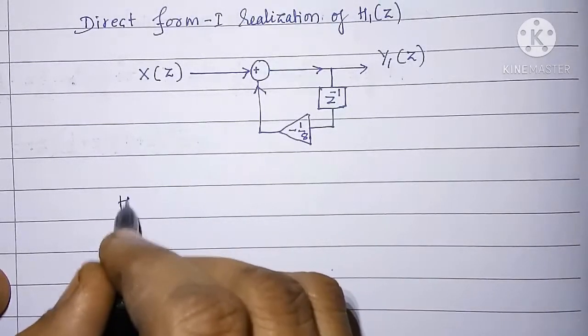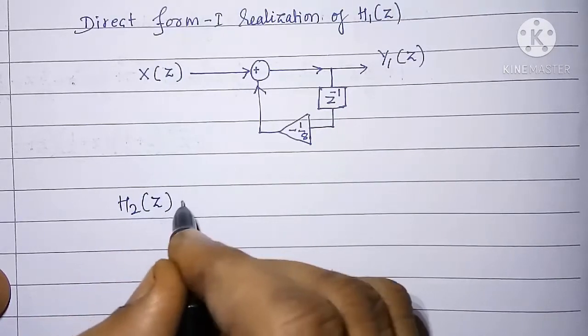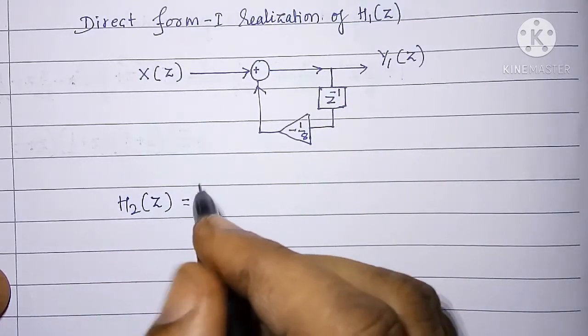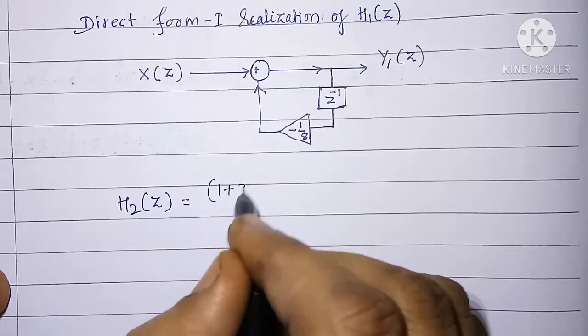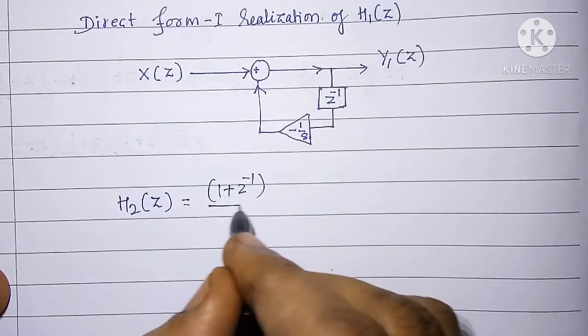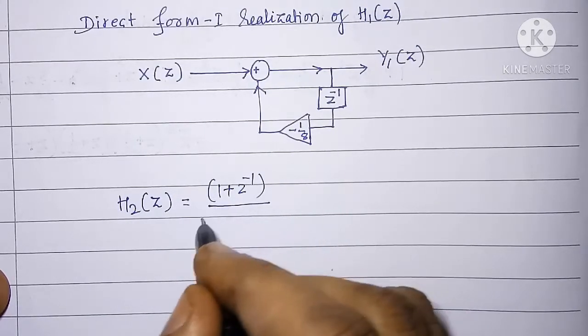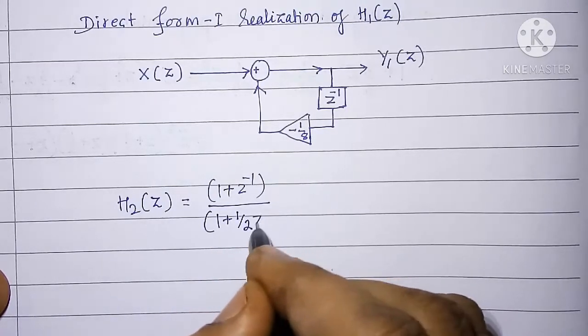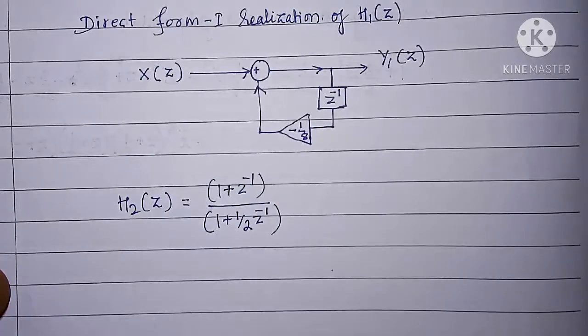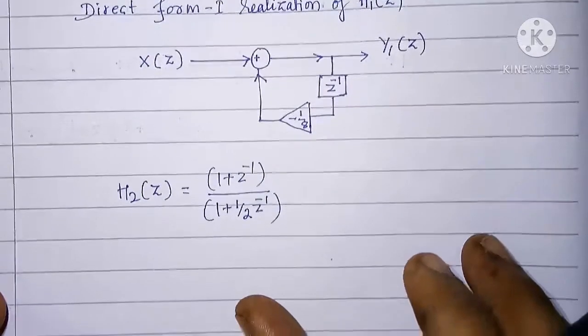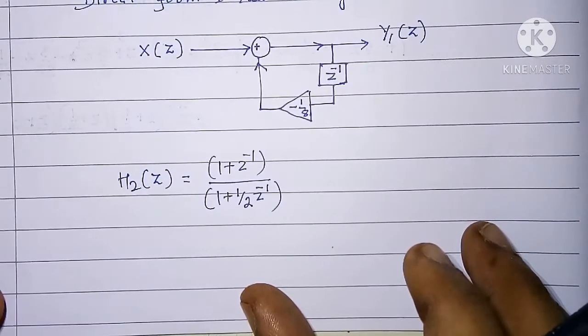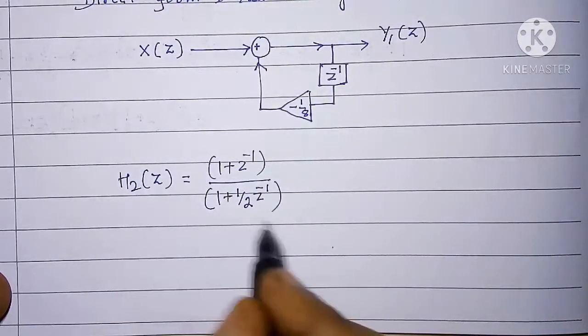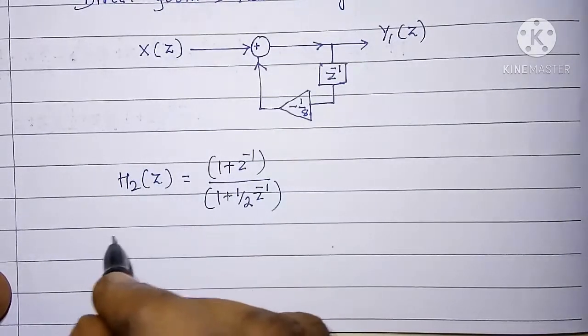Now let us take H2 of Z equal to 1 plus Z raised to minus 1 upon 1 plus half Z raised to minus 1. Cross multiplying.